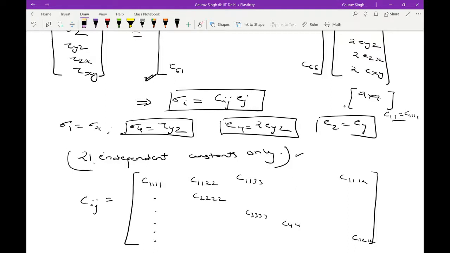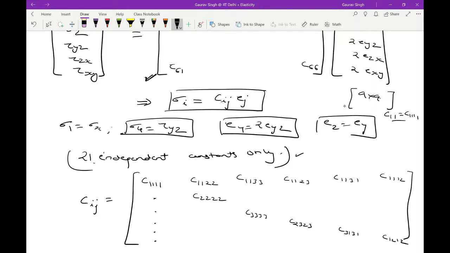Sorry, there's one more. C1123, C1131, C1112. Okay, so you would have this as C2323, C3131, C1212. Okay, and then there will be terms over here, over here, over here, and over here.